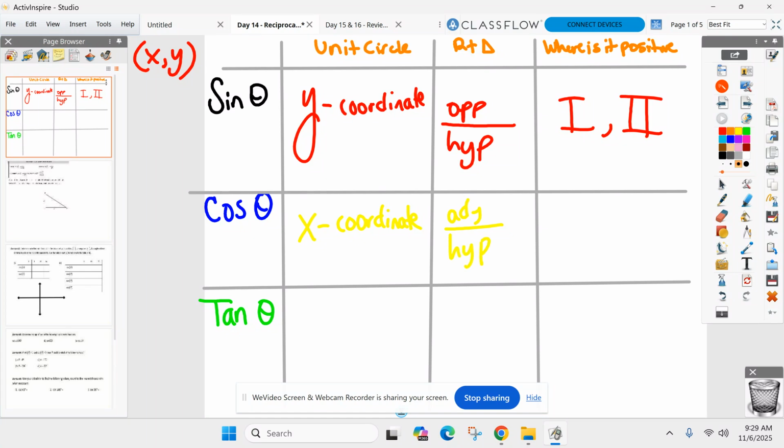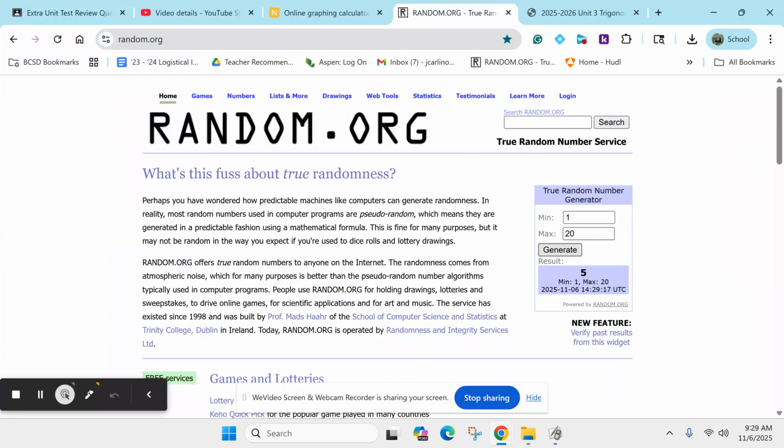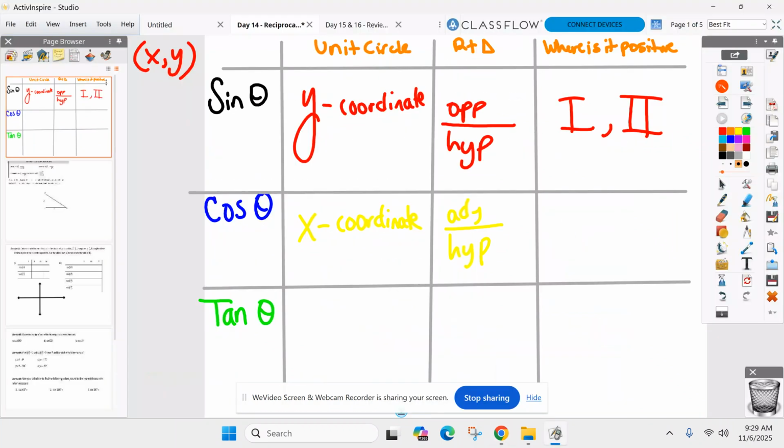Adjacent over hypotenuse, good. And then what quadrant or quadrants? Cosine. Where's cosine positive? Quad 1, quad 4. There you go. Yep.